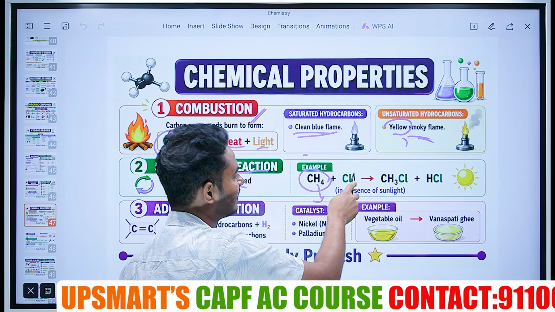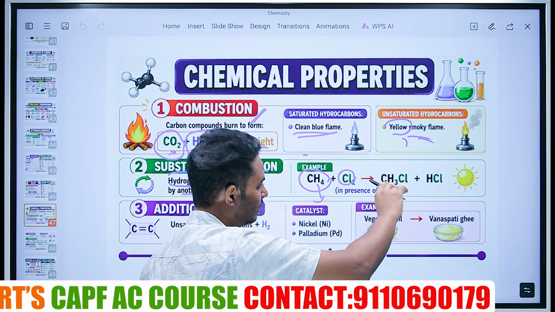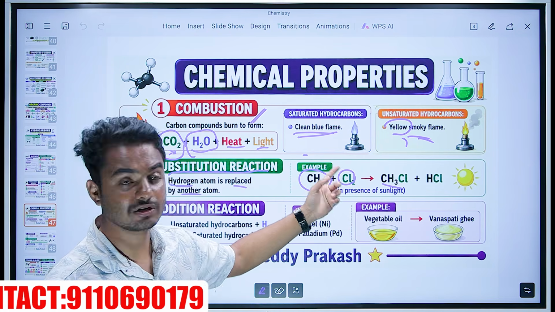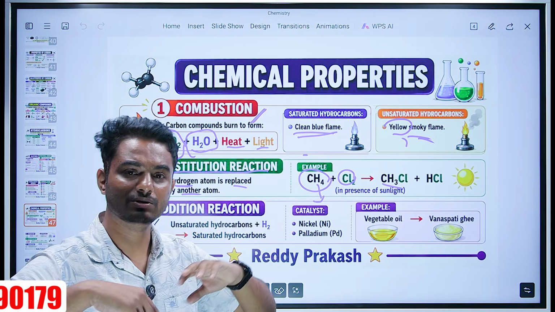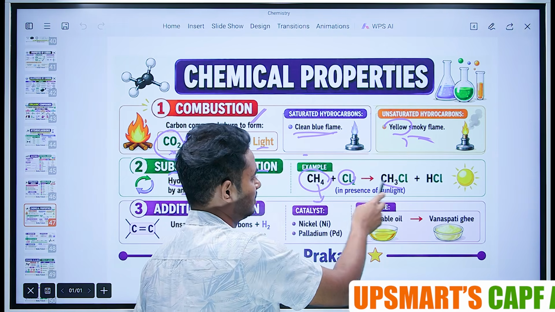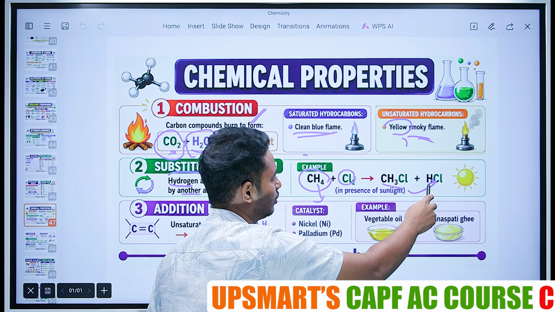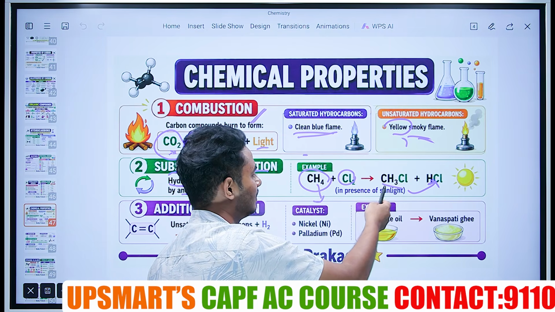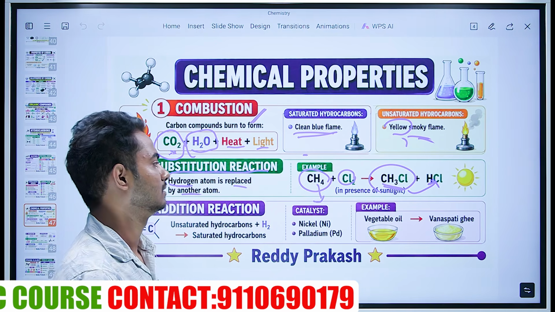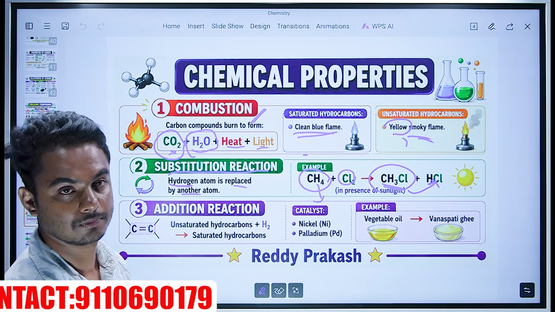You can substitute with Cl, then it will become CH3Cl. We need not remember this equation. Just remember substitution means hydrogen is replaced. Hydrogen becomes HCl and the rest becomes CH3Cl. This happens in the presence of sunlight.